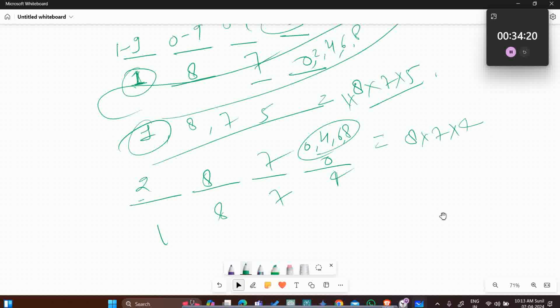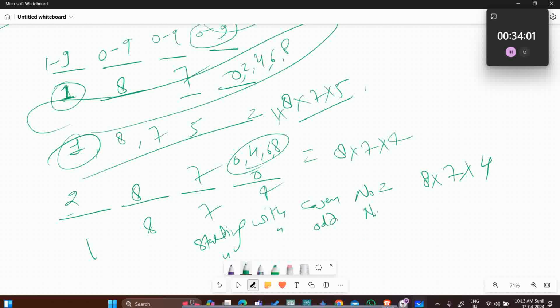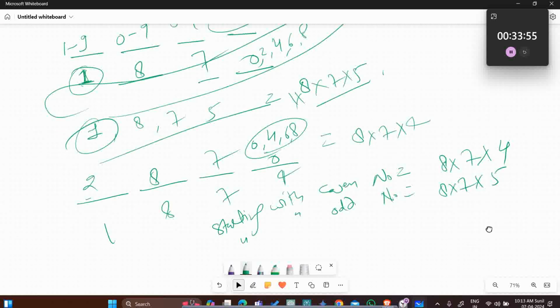So there is a pattern here. Starting with an even number, it has 8 into 7 into 4, and starting with an odd number, it has 8 into 7 into 5. But how many odd numbers do we have?